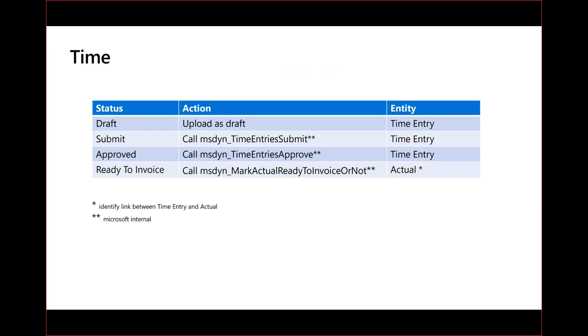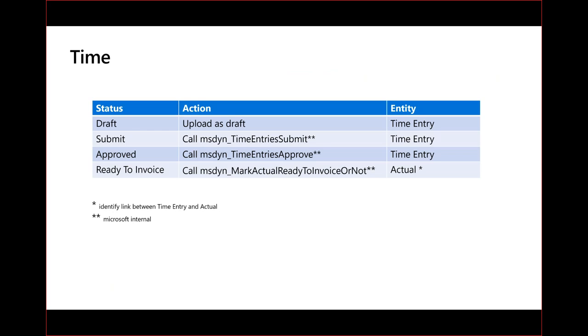If they are approved, then afterwards you would still do a call to time entries approve. And if you want to make them ready to invoice, you're just going to take the actuals in the billing backlog, and you can call the mark actual ready to invoice or not.